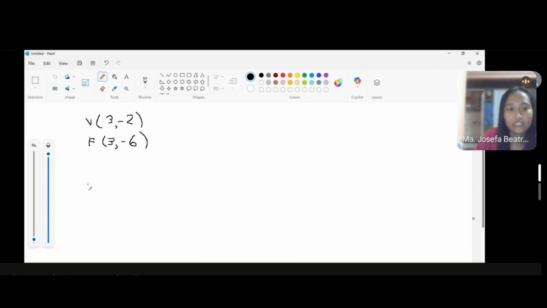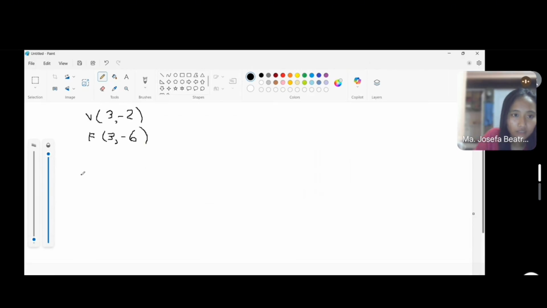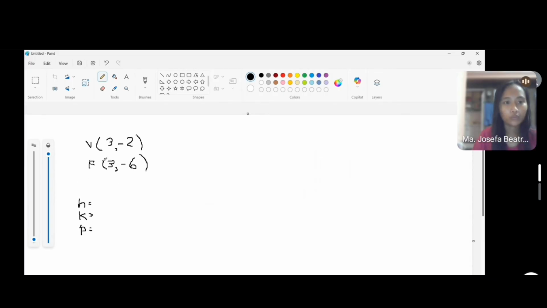And first things first, let's try to identify our h, k, and p so that we'll be able to transform them into our standard equation down to the general.